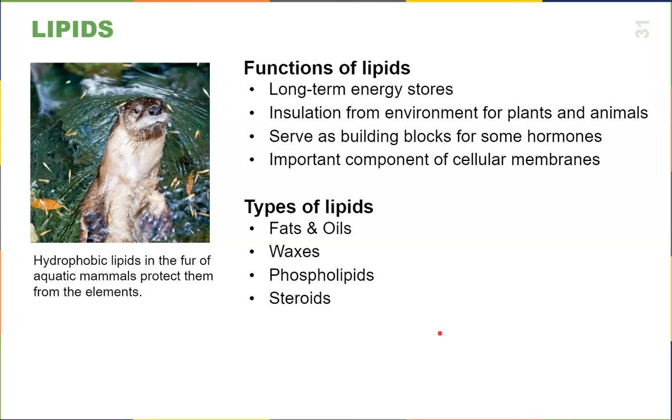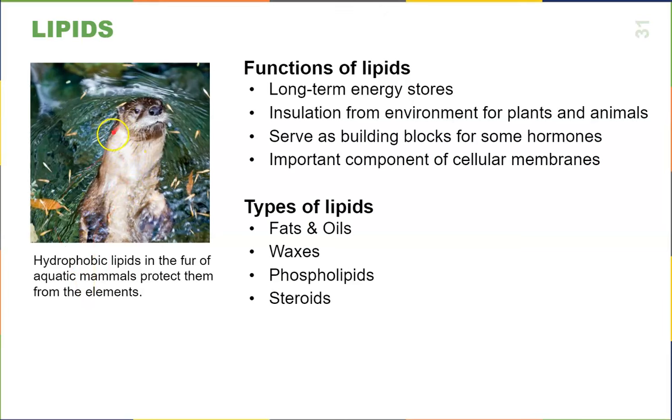Functions of lipids: long-term energy stores. They provide lasting energy, so it takes your body a little longer to break down lipids. Your body breaks down carbohydrates pretty quickly, but it takes a little bit longer to break down lipids. Lipids also help insulate animals from the environment.